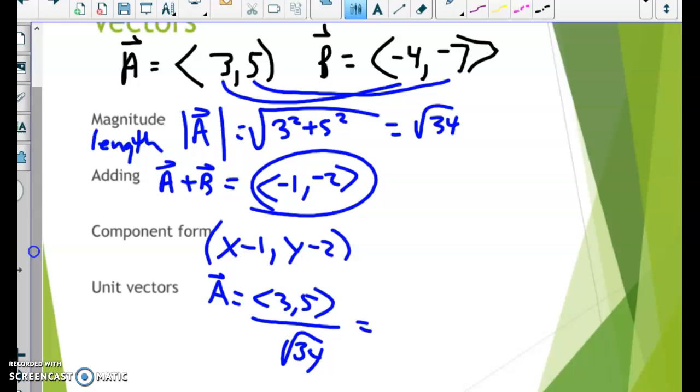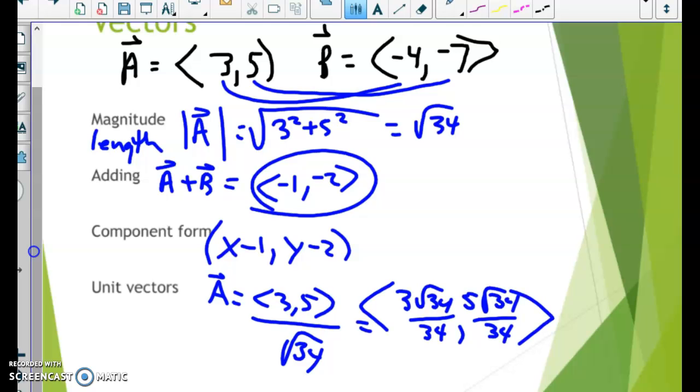And so I get 3 root 34 over 34, comma, 5 root 34 over 34. And so there is a vector that is 1 unit long, and if you put that into the Pythagorean theorem, you would get that it turns out to be 1. And so it's a unit vector.